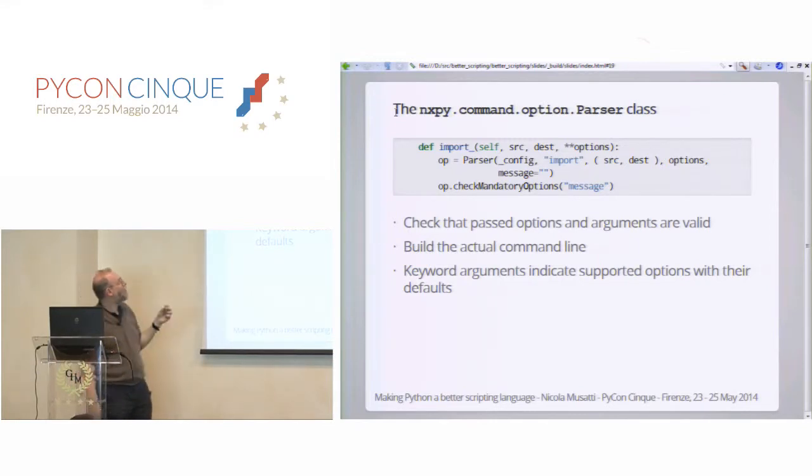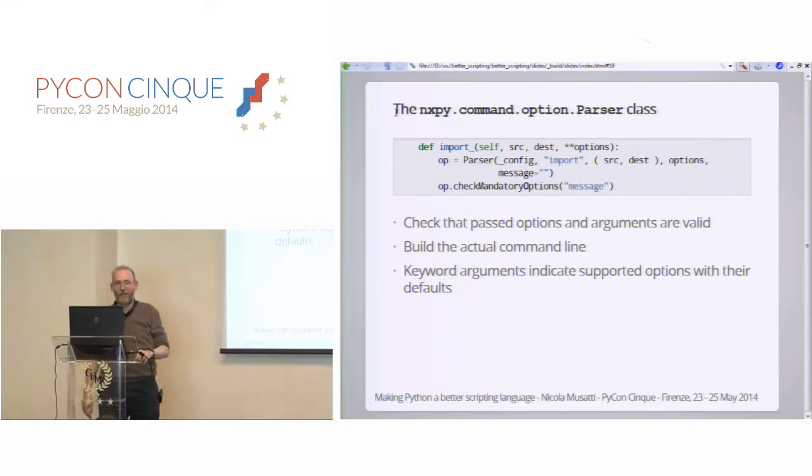You specify the options that are supported by that command by indicating them as keyword arguments with a default value. That not only says how they are to be put in the command line if they are not specified explicitly, but also that these options, like message here, are supported by this command and not others.